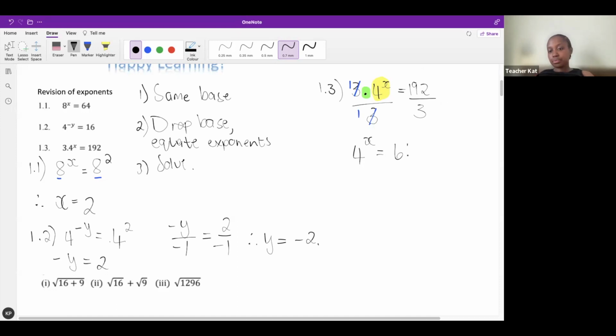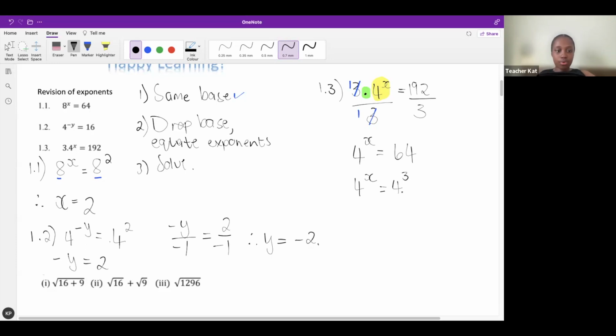64. Now we have nothing else to get rid of on my left-hand side. We want same bases. What is my base going to be in this case? 4. So I have 4 to the power of x is equal to 4 to the power of 3.